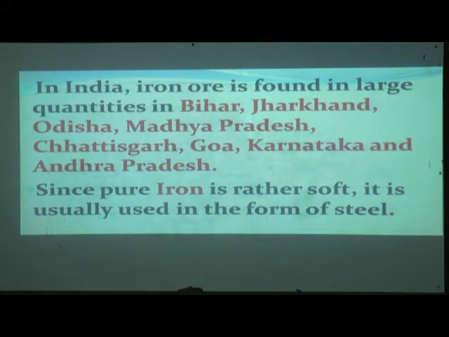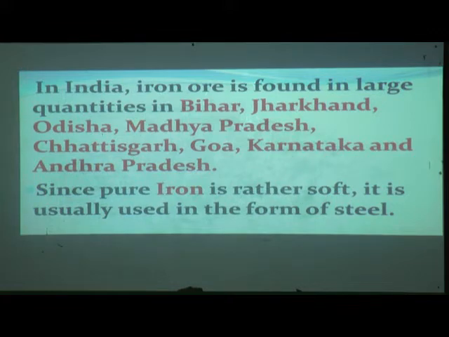In India, iron ore is found in large quantities in Bihar, Jharkhand, Odisha, Madhya Pradesh, Chhattisgarh, Goa, Karnataka and Andhra Pradesh. In these states we can find more iron ore.